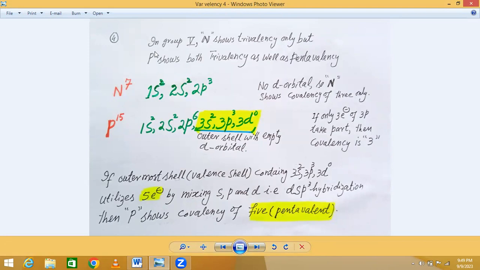At last, we see in the case of group number 5, where nitrogen shows trivalency only, but phosphorus shows both trivalency as well as pentavalency.